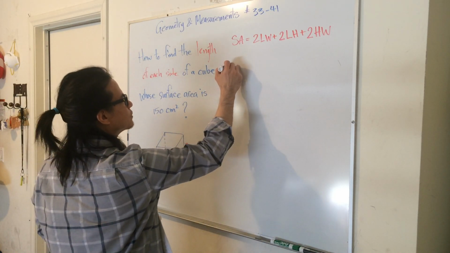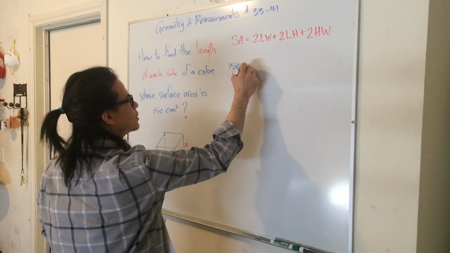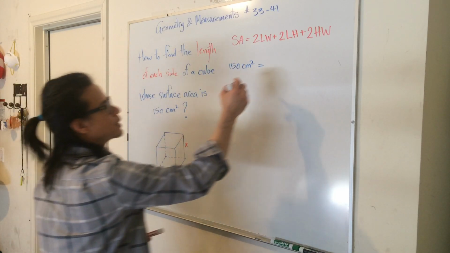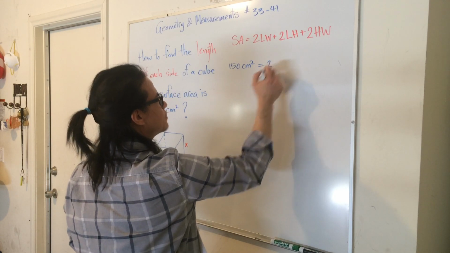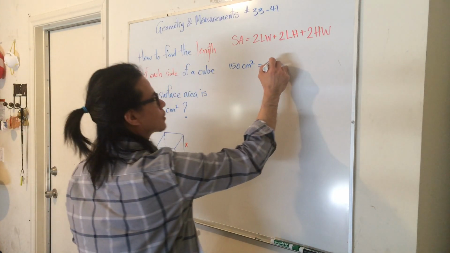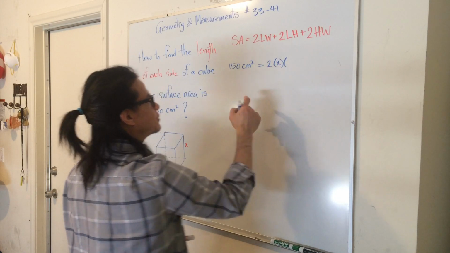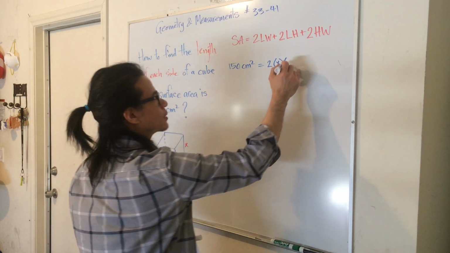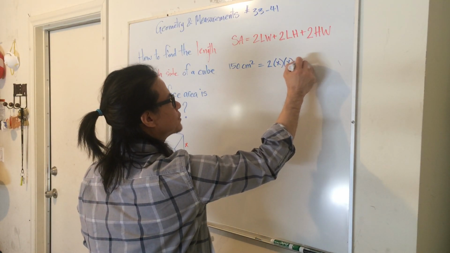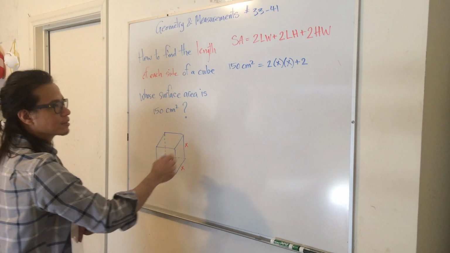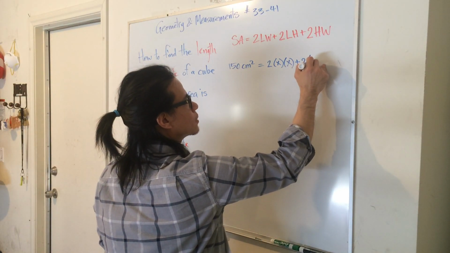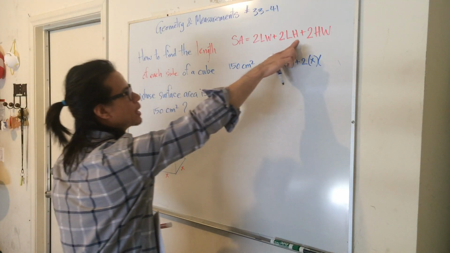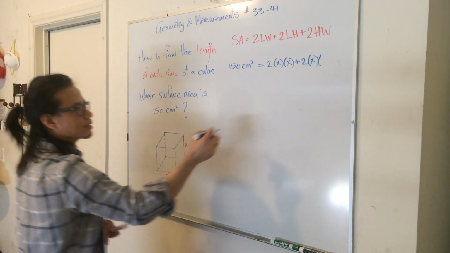So I'm going to write it as 150 centimeters squared is equal to 2 times the length, so 2 times x, times the width, which is also x, plus 2 times the length, x, plus 2 times it's multiplied by the height there. Height is also x.